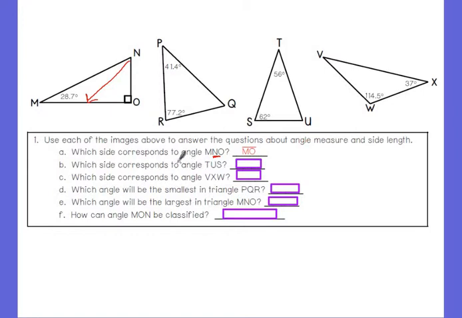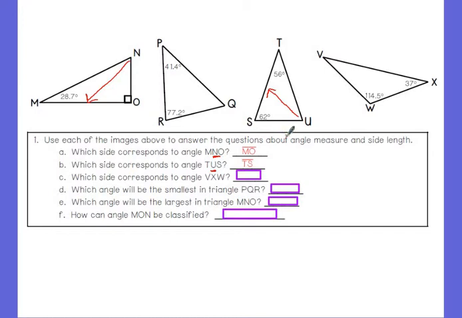B: Which side corresponds to angle TUS? So I'm looking at triangle TUS here. U is in the middle, so I'm talking about angle U. It asks which side corresponds to it. Across from it is line ST or TS. Same difference.